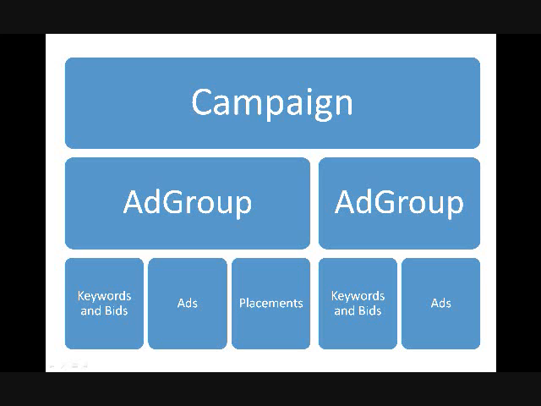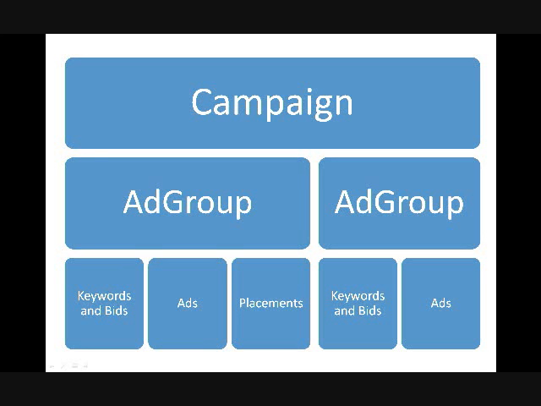Then within that campaign, you can create 1 or more ad groups. And some campaigns might have 15 or 20 ad groups. Others might have just 1 or 2. The ad group allows you to further subdivide the campaign. So if your campaign was personal enrichment, you might have an ad group named language classes.